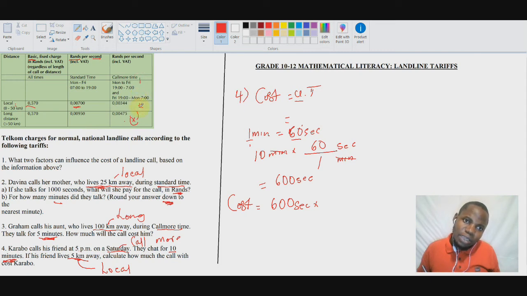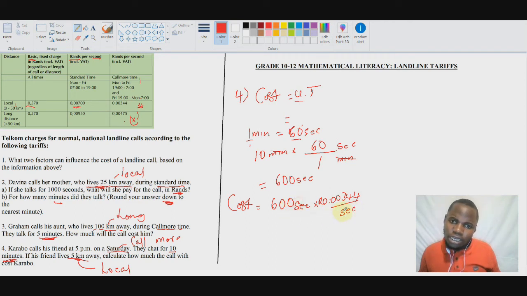And then you have that tariff. The tariff there is 0.00344 rands per second, okay?